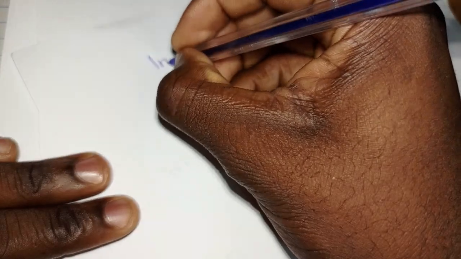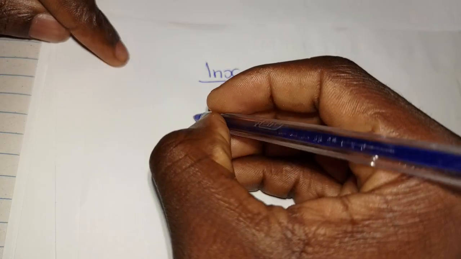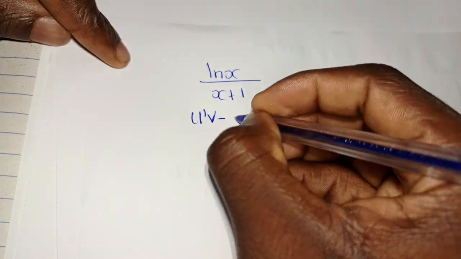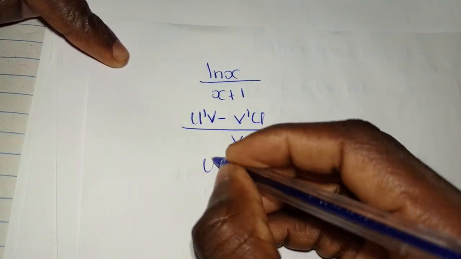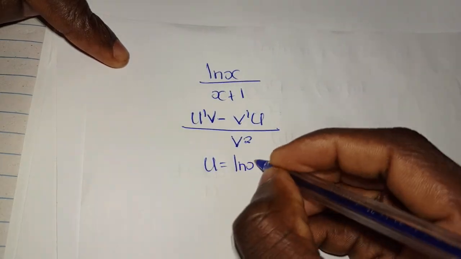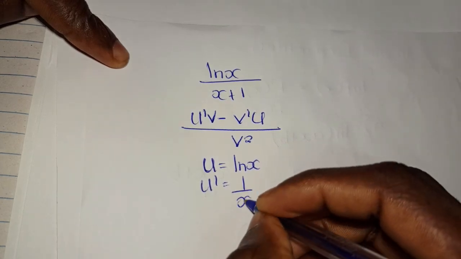Then our last example we have been faced with is the differentiation of ln x over x plus 1, where you know to say that this is a quotient rule you are going to use there. So the quotient rule here states that u prime v minus v prime u over v squared, where your u is ln x and your u prime will be 1 over x.